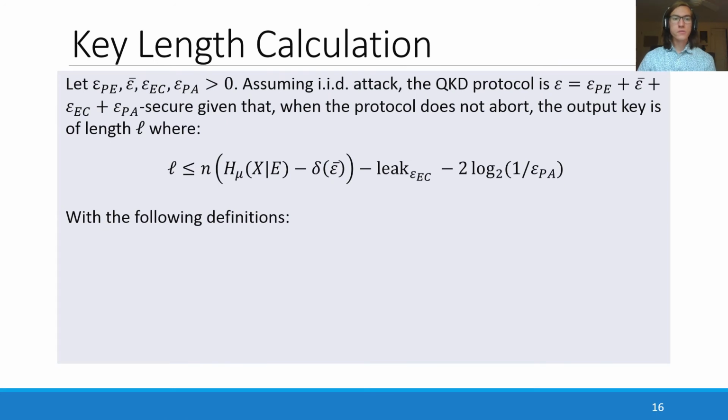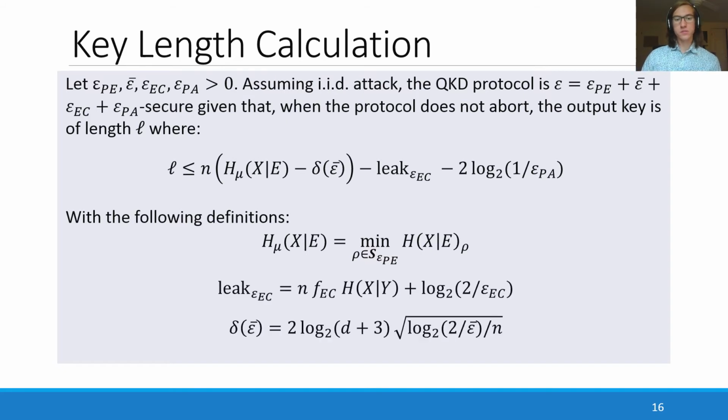In the finite regime, it's a very similar idea. In this case, we have these failure probabilities epsilon, but we're mostly concerned with calculating this term L. We still have a privacy amplification term, but it's now called h mu, and the difference is that it will now be a minimization over the set S epsilon PE discussed earlier, rather than over the set S. We also have the terms leak epsilon EC and this delta.